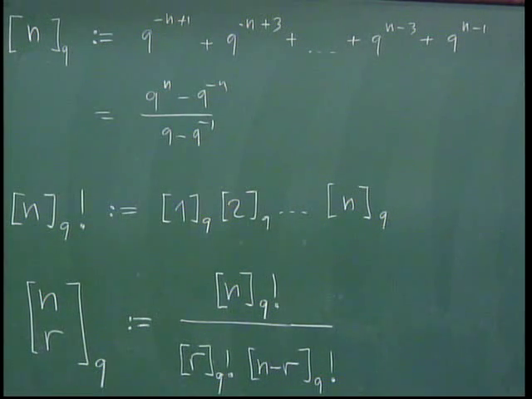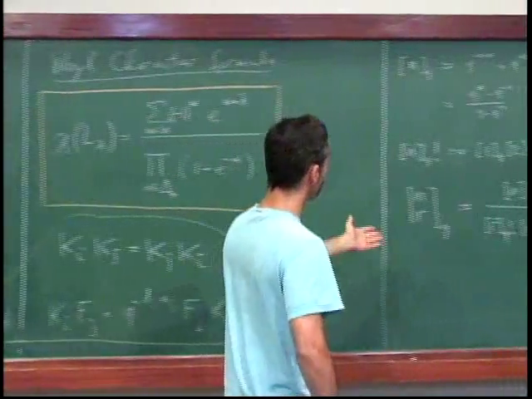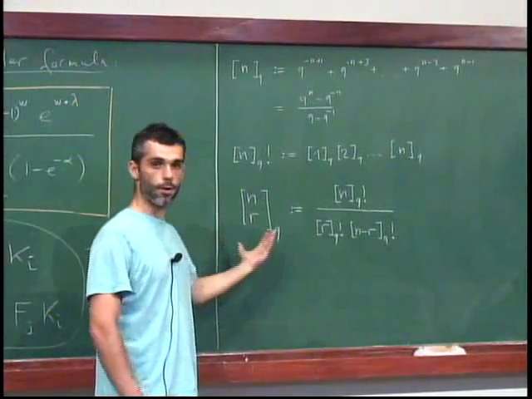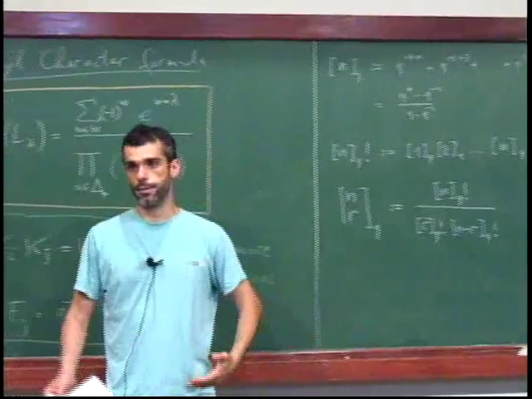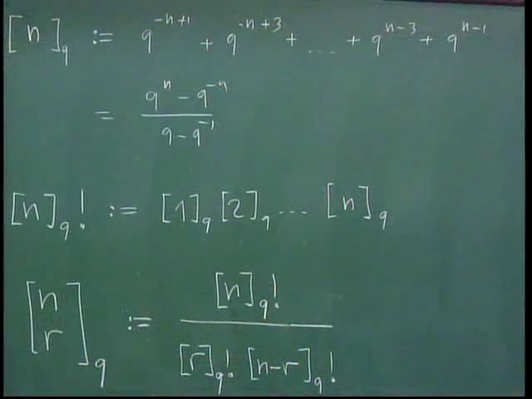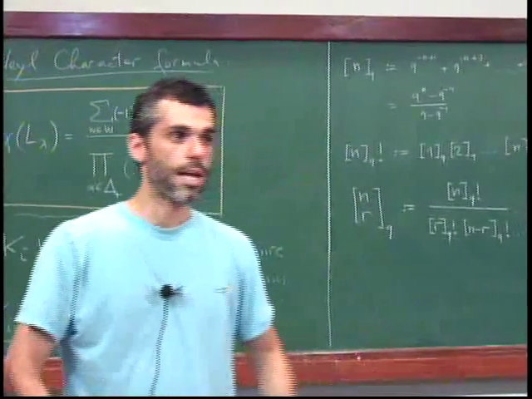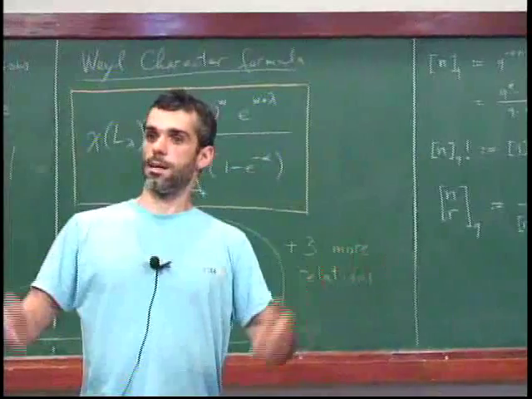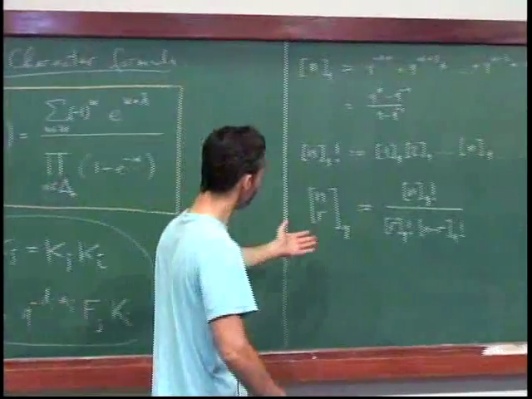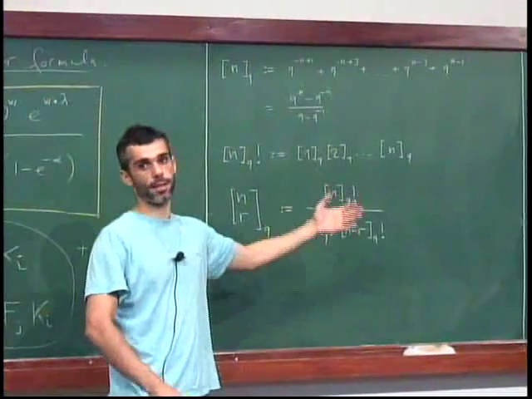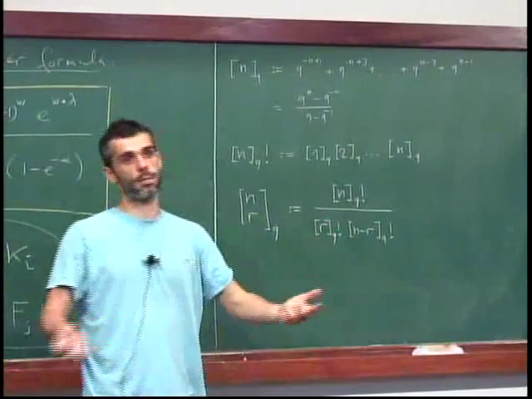And right now, the only thing you can say is that if you set q equal to 1, I recover the usual binomials, but there's really no guarantee that this is a good thing to do. I mean, if you write down some random formulas and say, let's study those things, there's really no guarantee that you get something reasonable. So I should at least do something to argue that this is a reasonable thing to do.